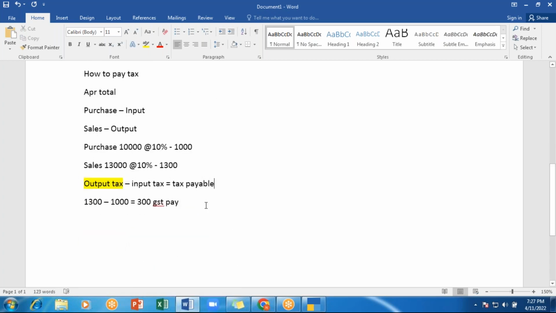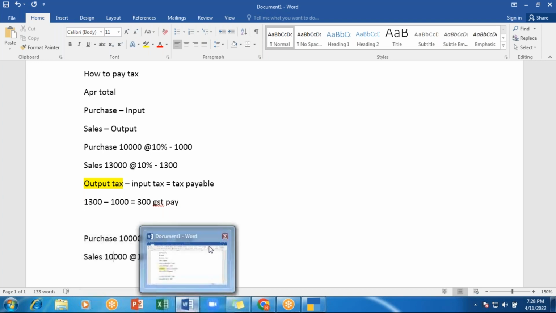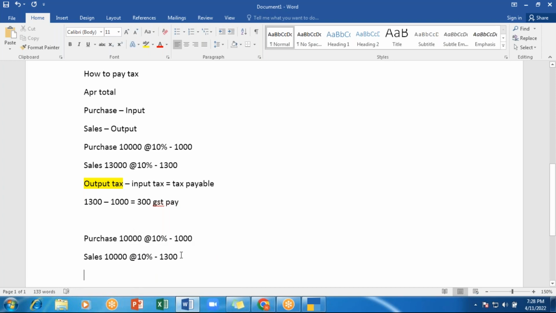What if my input tax is more than my output? That is, when my purchase and sales, let me just copy this. The second situation: I made a purchase for 10,000 and the tax is this much. Now, a sale also I made for 10,000 and my tax has become 1,000.